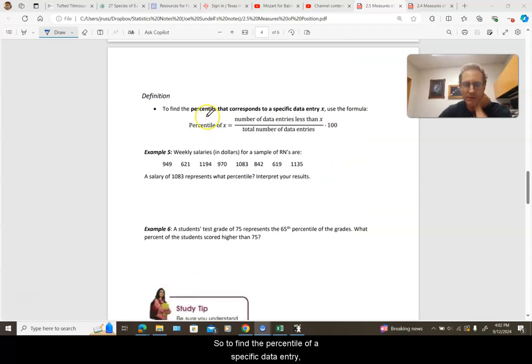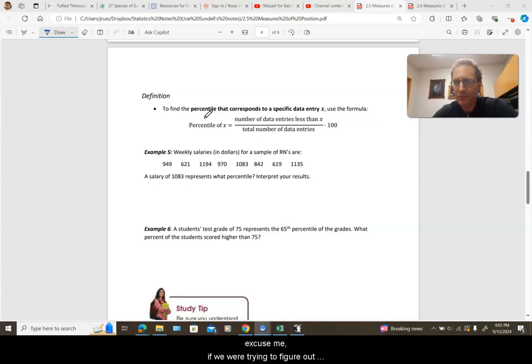Alright, so to find the percentile of a specific data entry, you use this formula right here.